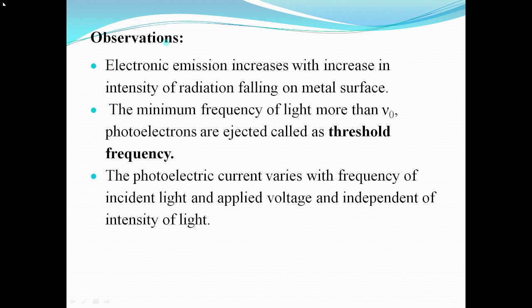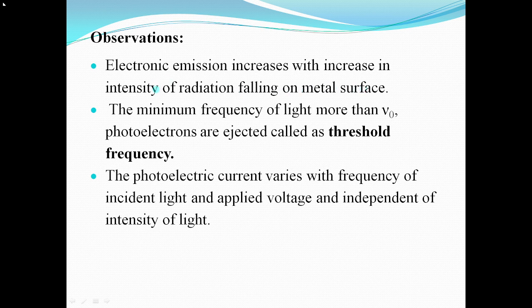Next, the observations drawn from the photoelectric effect. What are the observations? The first one is that electronic emission increases with an increase in the intensity of radiation falling on the metal surface.